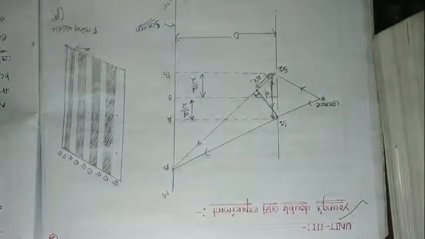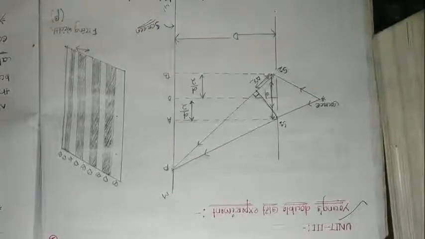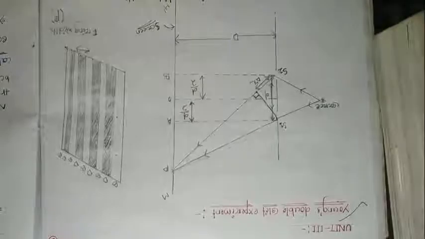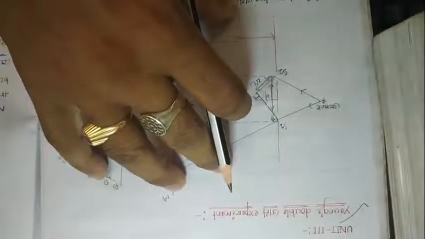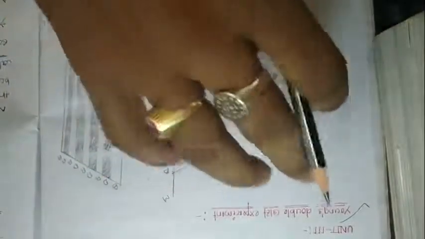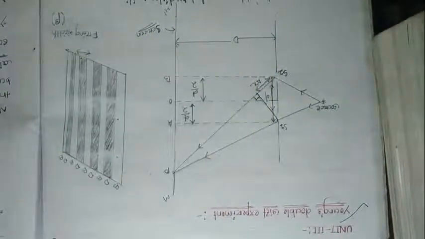What that will be, we are going to discuss in our whole mathematical derivation. So these are the basic ideas about the diagrammatic representation of Young's double slit experiment. Let's start explaining the mathematical derivation.